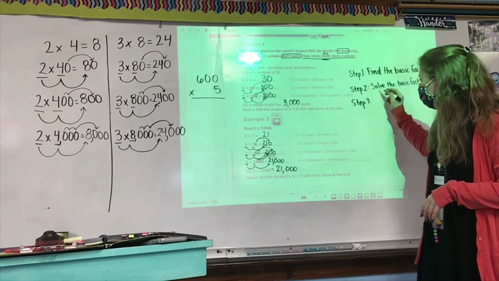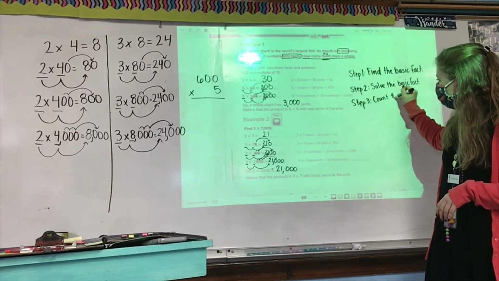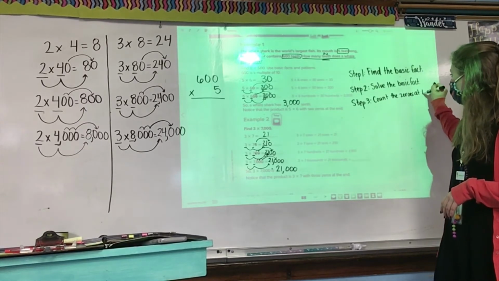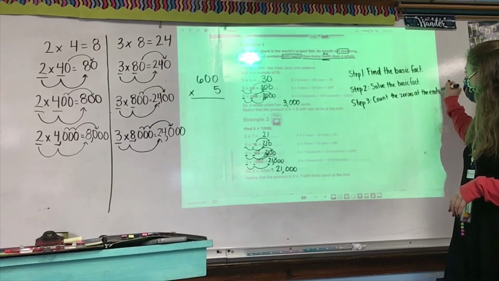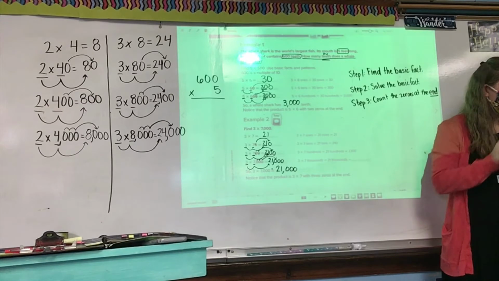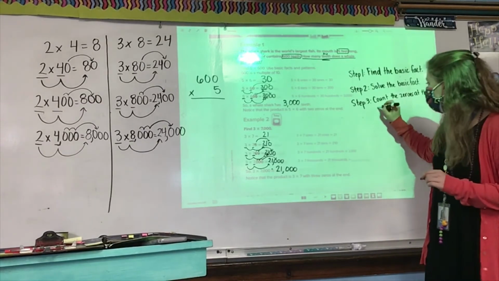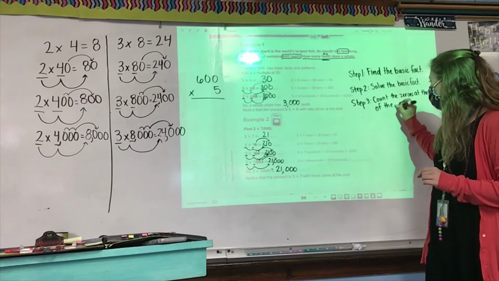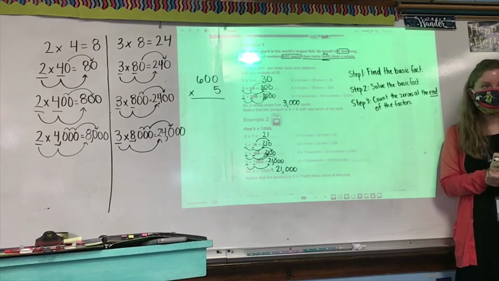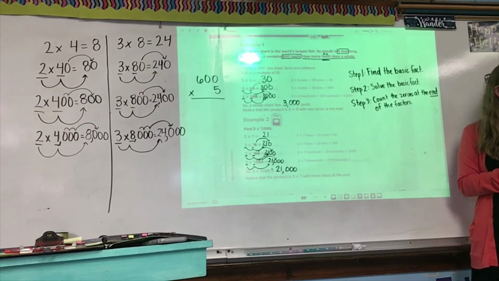Step 3, count the zeros at the end. Make sure you underline end, because you're not counting zeros in the middle of factors, only the ones at the end. Count the zeros at the end of the factors.